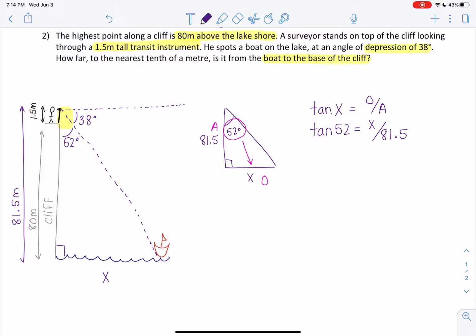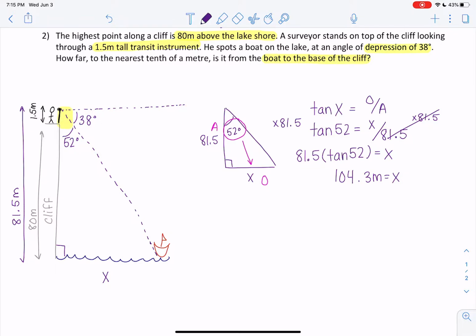It's currently being divided, so we need to multiply by 81.5 on this side and on this side. So we have 81.5 multiplied by tan 52, and that will be x. So now we just put that whole thing into our calculator, and you will get 104.3 meters.